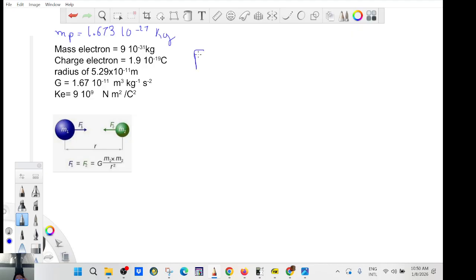Okay, so the gravitational force is the constant, which is very small, 6.67 times 10 to the negative 11, times mass 1. Let's say it's the electron, so 9 times 10 to the negative 31, times the mass of a proton, which is 1.67.